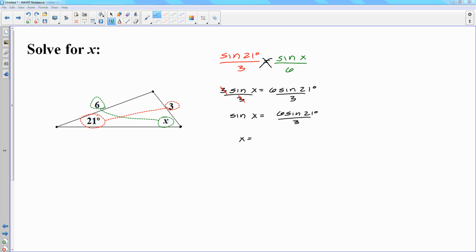The way you separate sine from the angle is you do the inverse sine of the other side. So x is going to be the inverse sine of 6 sine 21 degrees over 3, and we will throw that in the calculator, which I'm going to pause the video while I do that, and that will give us our answer.